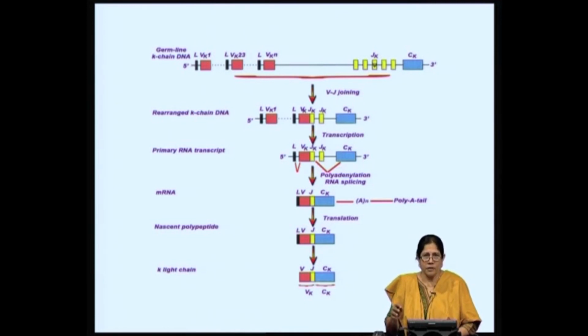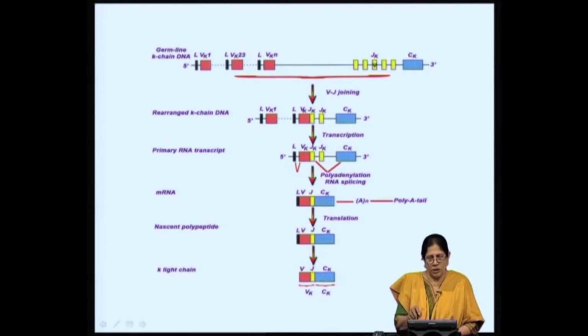Now, after this first report of Tonegawa and Hozumi, several gene sequences of the immunoglobulin genes were revealed, and now I am going to show you typically the gene reorganization in the kappa light chain gene and then also the heavy gene. Now, let us look at the germline kappa chain, which has not undergone rearrangement.